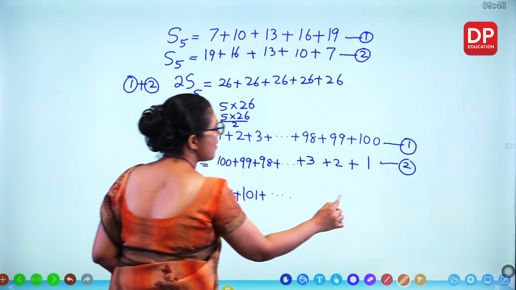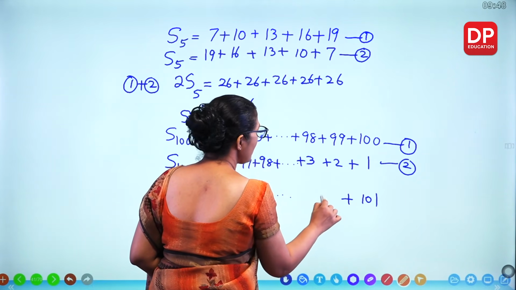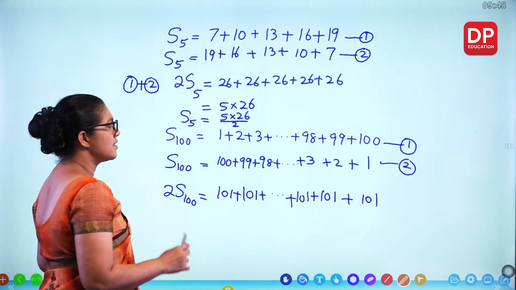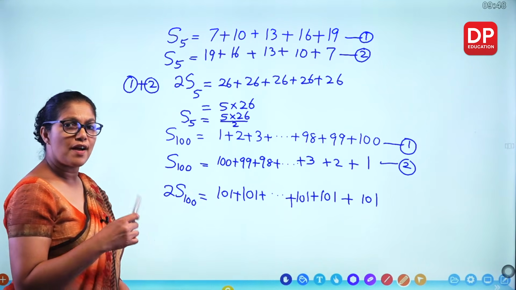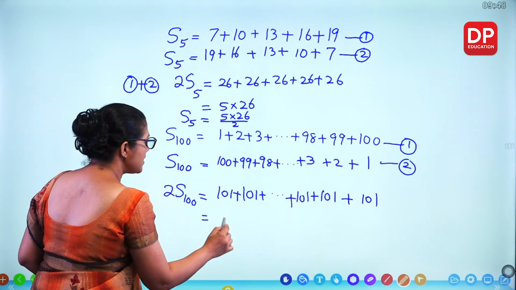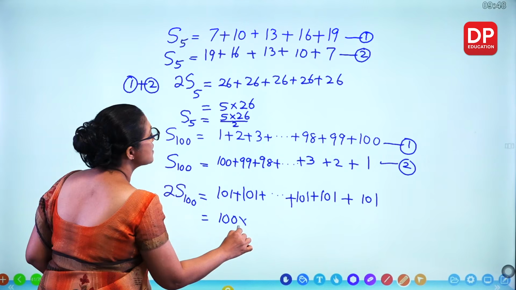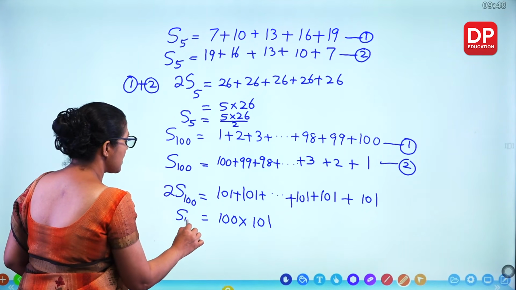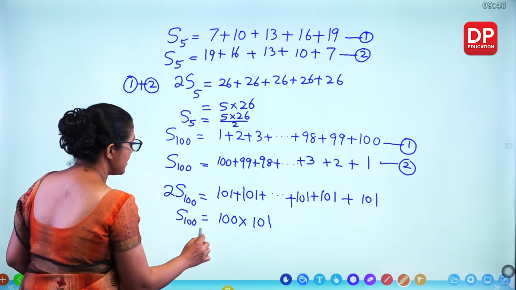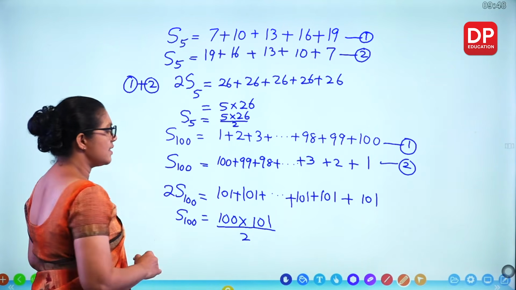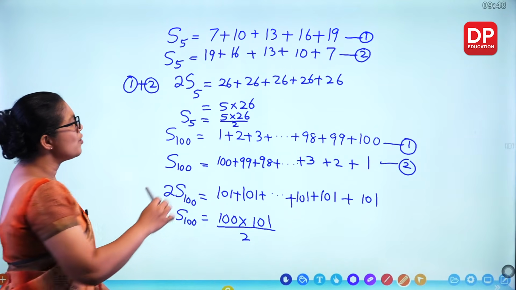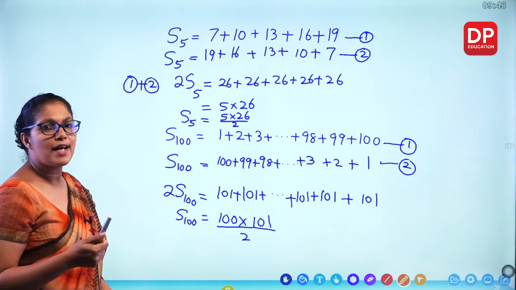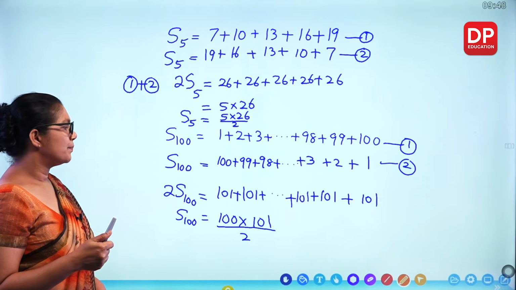All these 101s are there. So how many times are you adding 101? 100 times. If there are 100 terms, you are adding 100 times 101. So what is S100? You take the division. So we use this pattern, where you can rewrite and add, to find the formula for the sum of n terms.